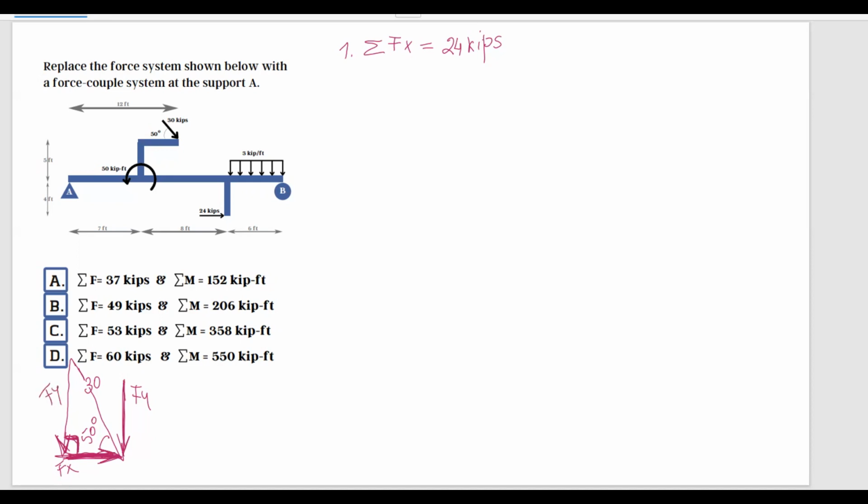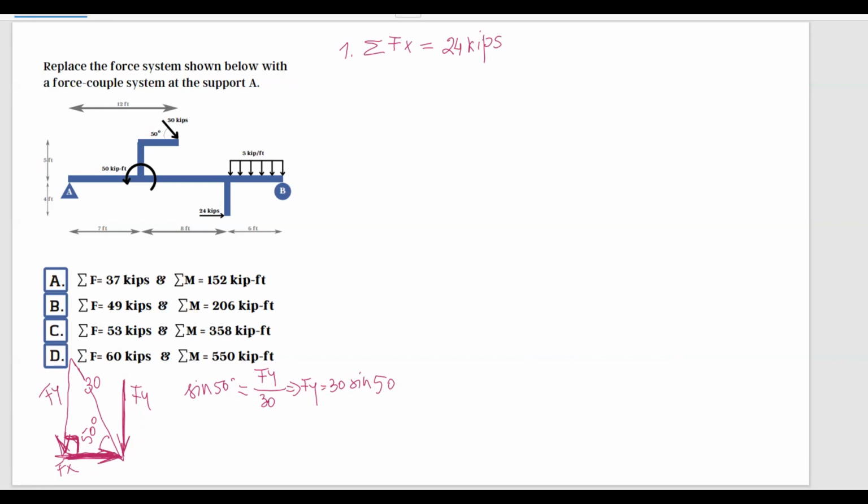So this is Fy. If we apply sine of 50 equals opposite, which is Fy, over hypotenuse, which is 30. So from here, Fy equals 30 sine 50.